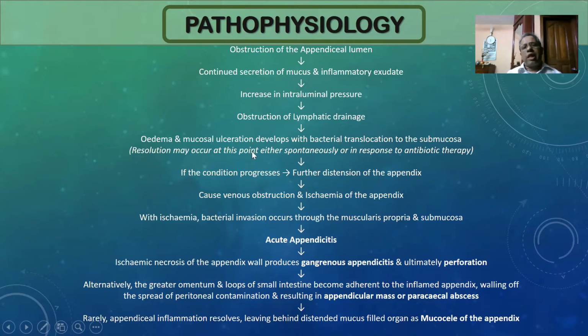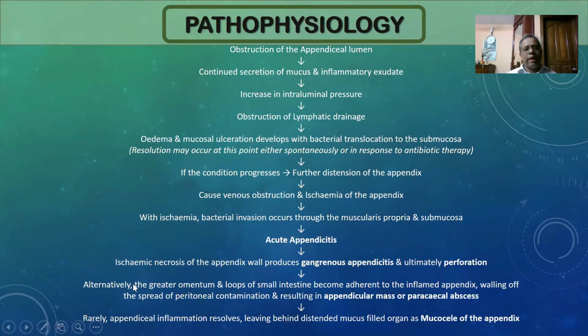If the condition progresses, further distension of the appendix causes venous obstruction and ischemia of the appendix. With ischemia, bacterial invasion occurs through the muscularis propria and submucosa, presenting as acute appendicitis. Ischemic necrosis of the appendix wall produces gangrenous appendicitis, ultimately perforation.